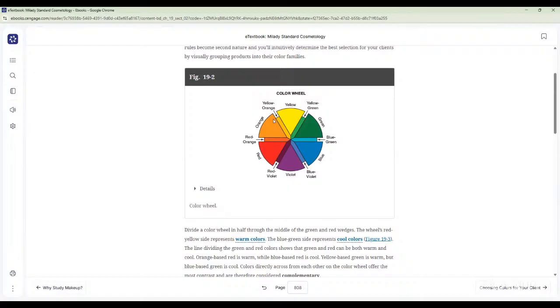Let's start with orange being secondary, yellow being primary. And here's the key: the primary color always goes first. You will never see an orange yellow. You'll always see a yellow orange, because it is the purest color. Purest colors go first.